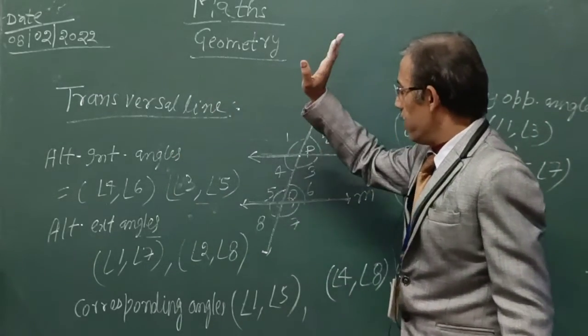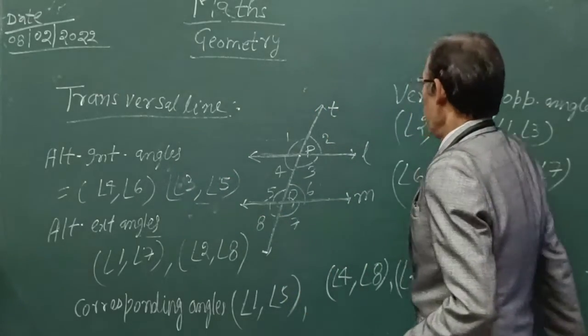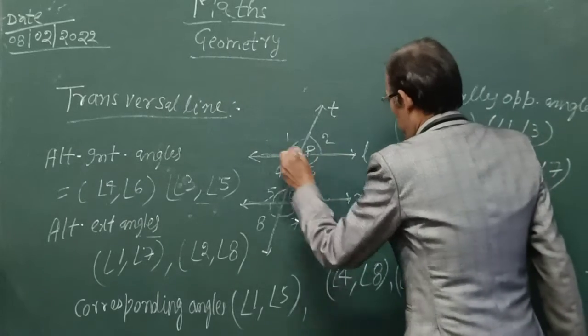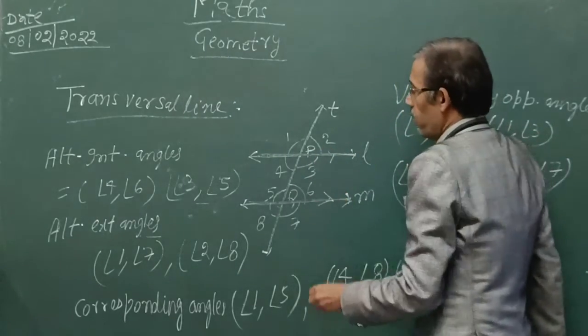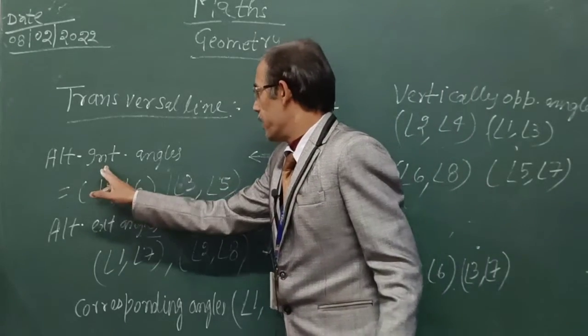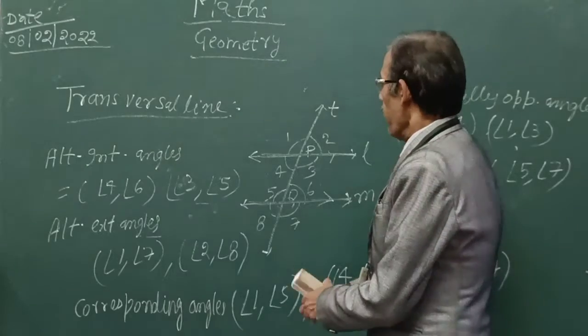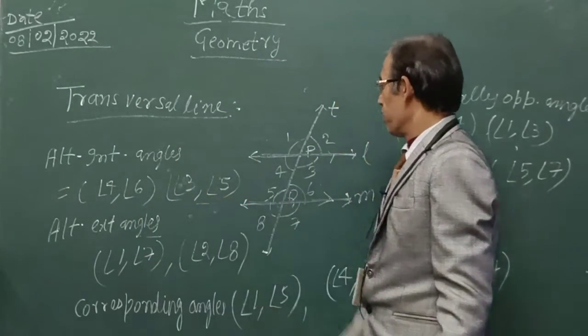A pair of alternate angles are equal to each other in the condition of parallel lines. If L and M are parallel to each other, then a pair of alternate angles are equal to each other. Angle 4 is equal to angle 6, angle 3 is equal to angle 5.